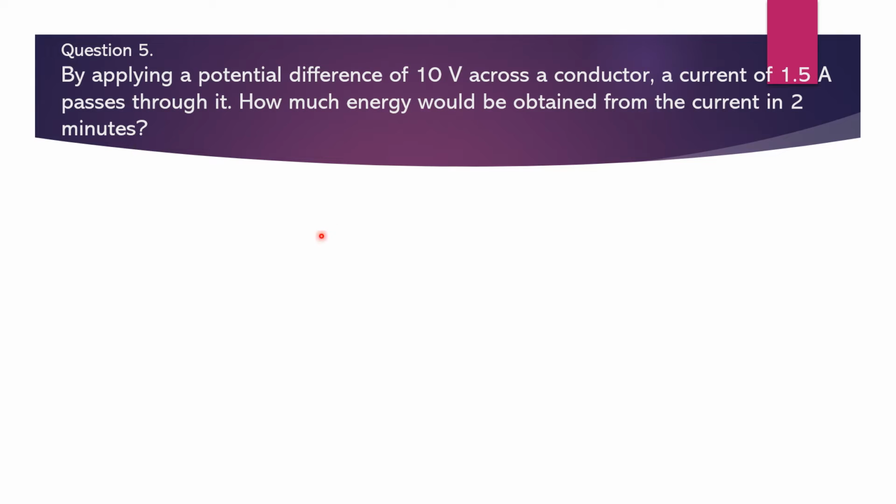Question 5. By applying a potential difference of 10 volt across a conductor, a current of 1.5 ampere passes through it. How much energy would be obtained from this current in 2 minutes?